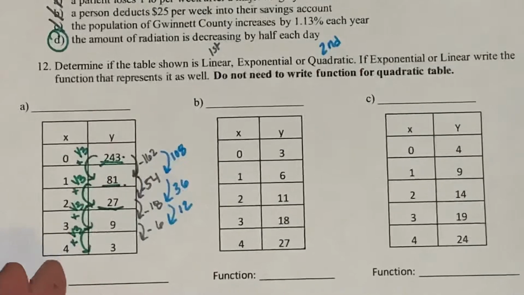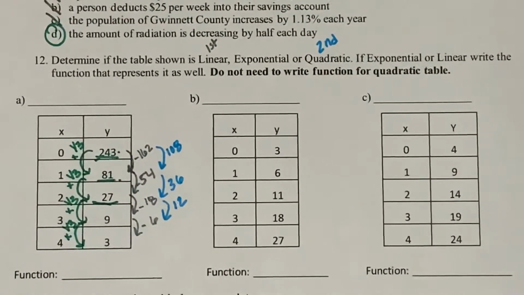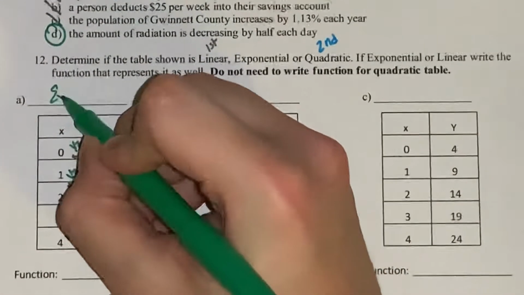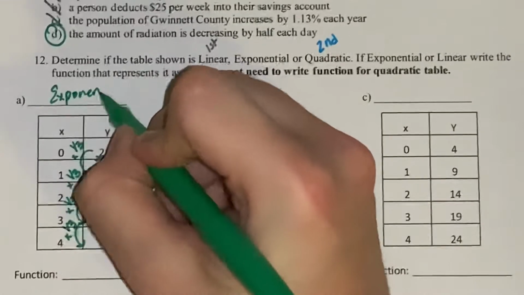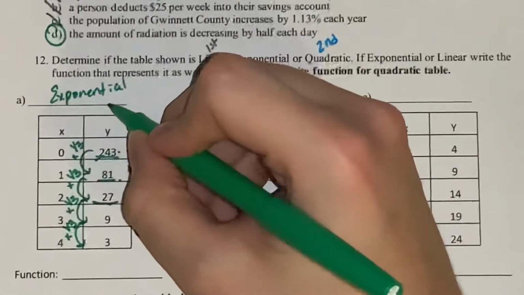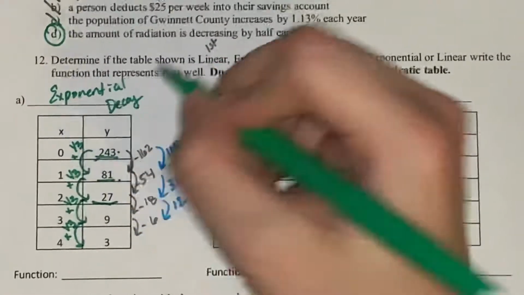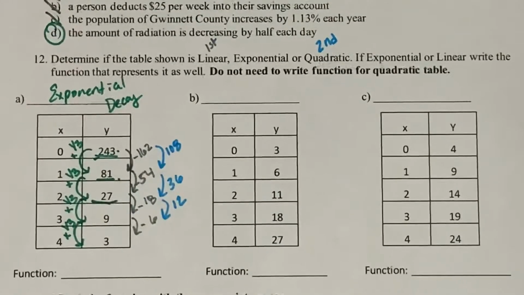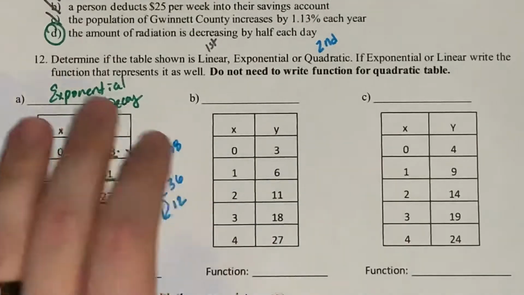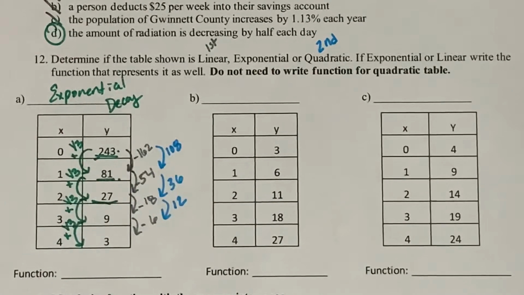So now I have a common ratio of 1/3, which means this is an exponential decay function. Actually, you're probably good just indicating it's exponential. You don't even have to worry about the decay part. Just remember that if it's decreasing as you go, it's exponential decay, not exponential growth, but that's beside the point.